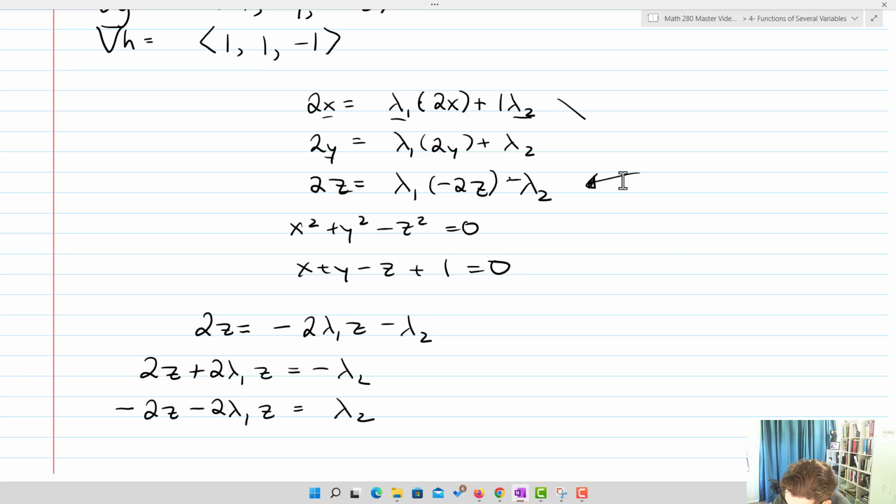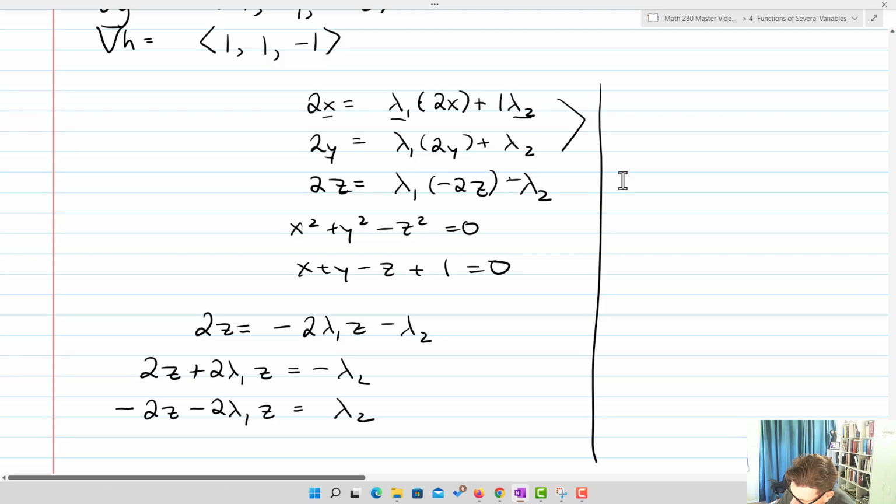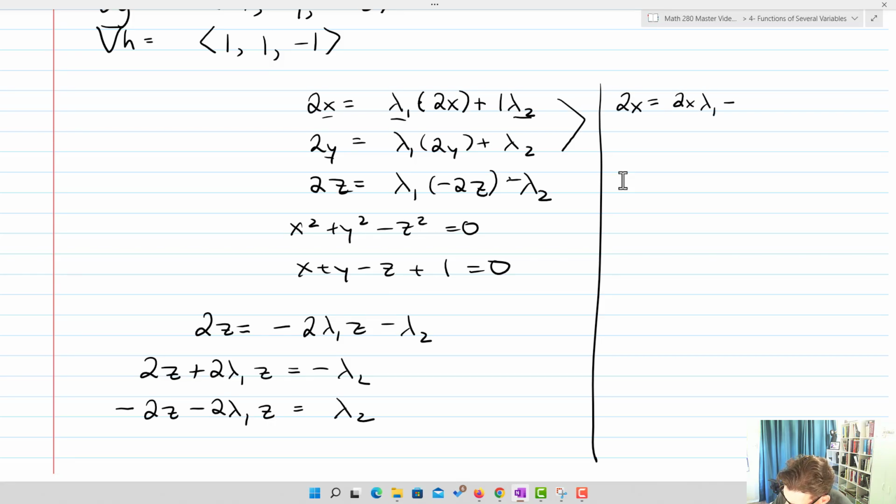What we can do now is substitute that into both of these equations. We're going to do this kind of to the side. So that gives me 2x equals 2x lambda 1 minus 2z minus 2 lambda 1 z.